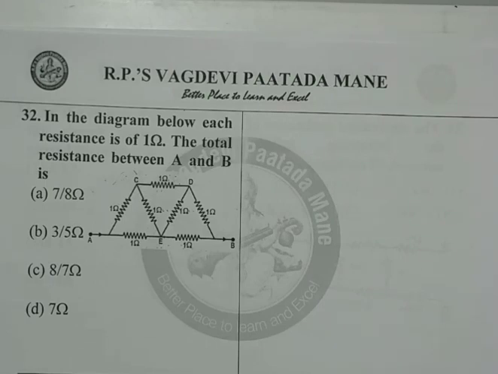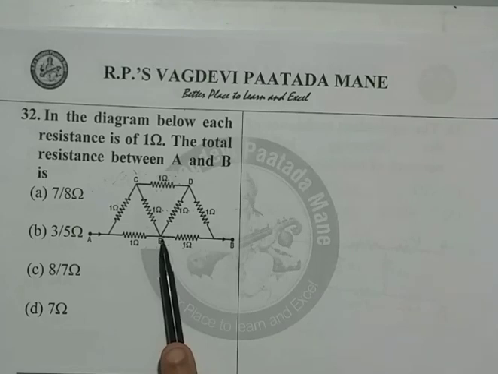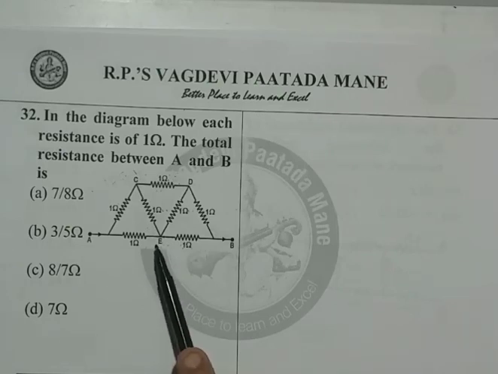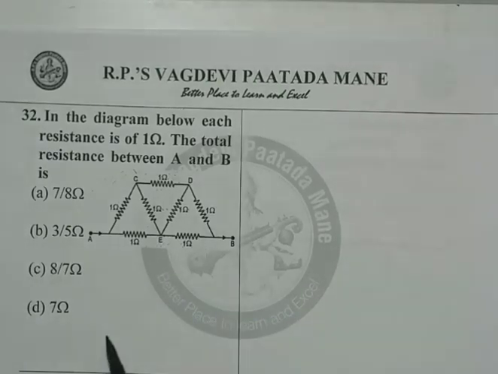In 32nd question, we read, in the diagram below, resistance is of 1 ohm. The total resistance between A and B is? Observe, this can be solved by using the symmetry point. This point E is symmetrical over the circuit. Therefore, at this point E, we can disconnect the circuit like this. Let me write it like this.